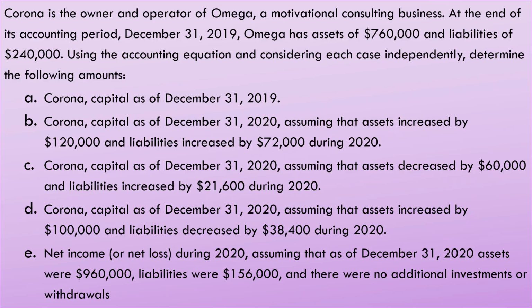C. Corona capital as of December 31st, 2020, assuming that assets decreased by $60,000 and liabilities increased by $21,600 during 2020. D. Corona capital as of December 31st, 2020, assuming that assets increased by $100,000 and liabilities decreased by $38,400 during 2020.